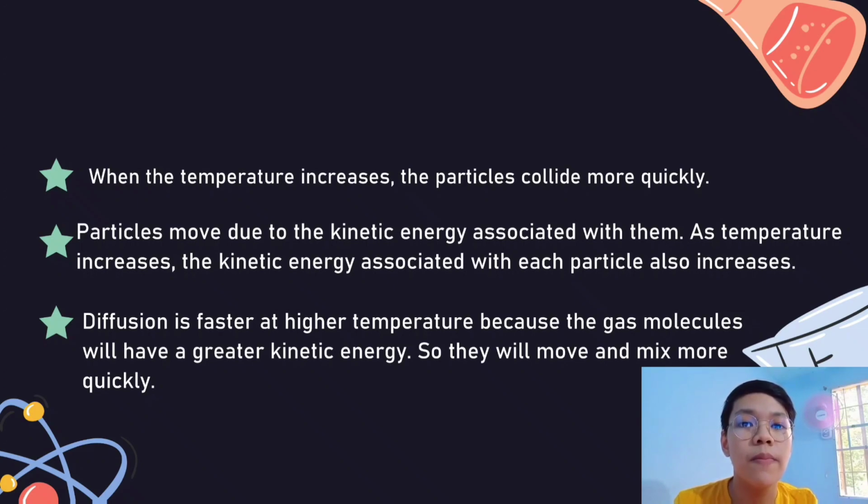As a result, particles will move faster. In opposite, when the kinetic energy associated with the molecules decreases, so does their movement. As a result, the rate of diffusion will be slower. Lastly, diffusion is faster at higher temperature because the gas molecules will have a greater kinetic energy, so they will move and mix more quickly.